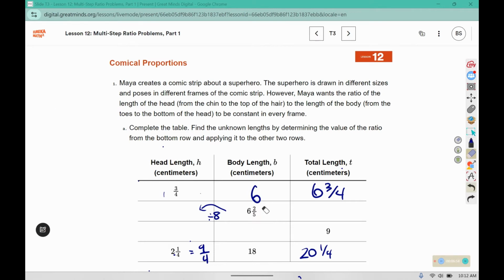To go from the body length back to the head length, we're going to divide. 6 and 2/5 can be rewritten as 6 times 5 is 30, plus 2 more, so 32/5.